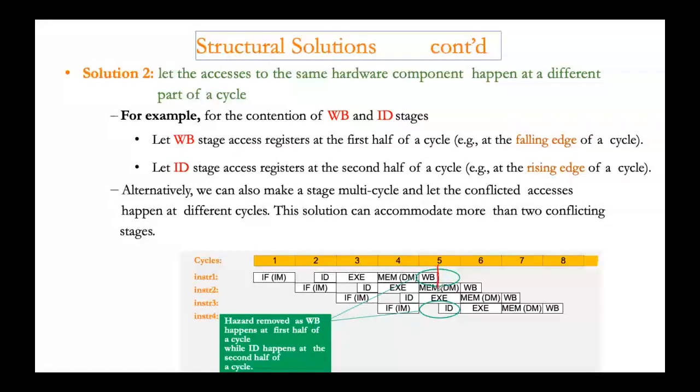So at this cycle, the same register file is accessed, but in the first half of the cycle, the first instruction writes into the register. In the second half of the cycle, at the fifth cycle, the fourth instruction reads the data. That will remove the structural hazard. So with this, I would like to stop this session.